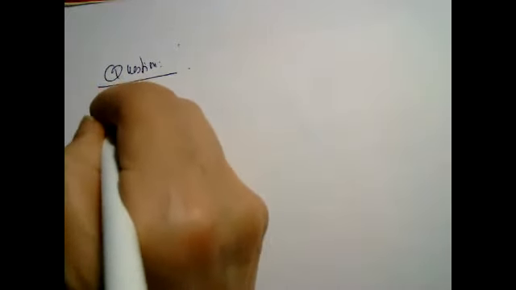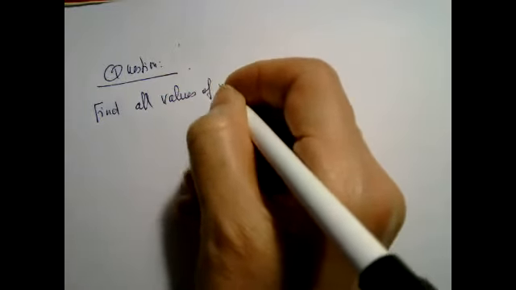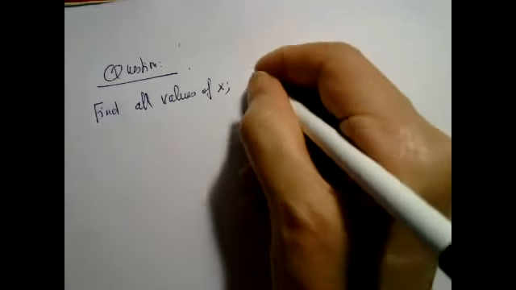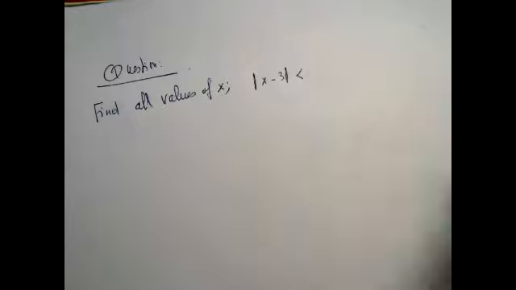So a simple problem. Suppose you're asked the following question. Find all values of X such that the absolute value of X minus 3 is less than 10.